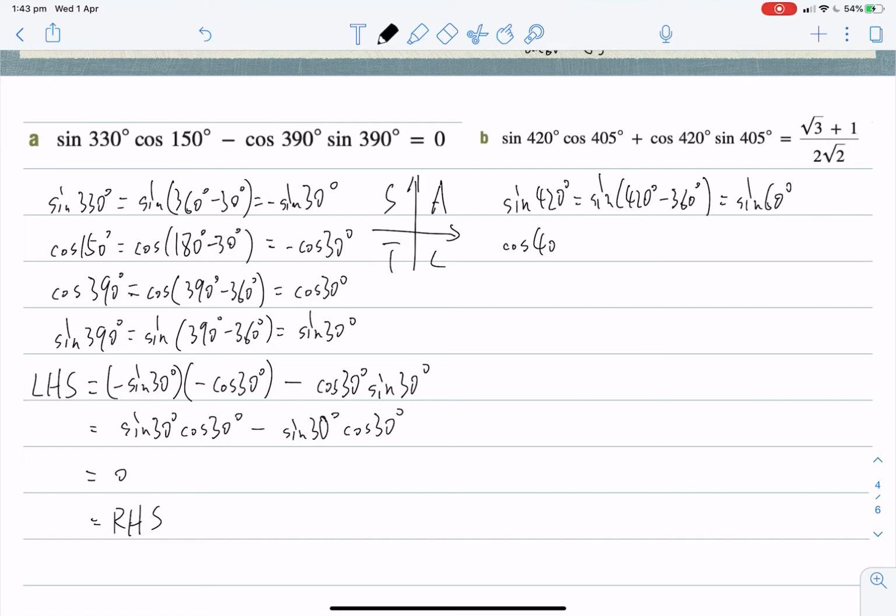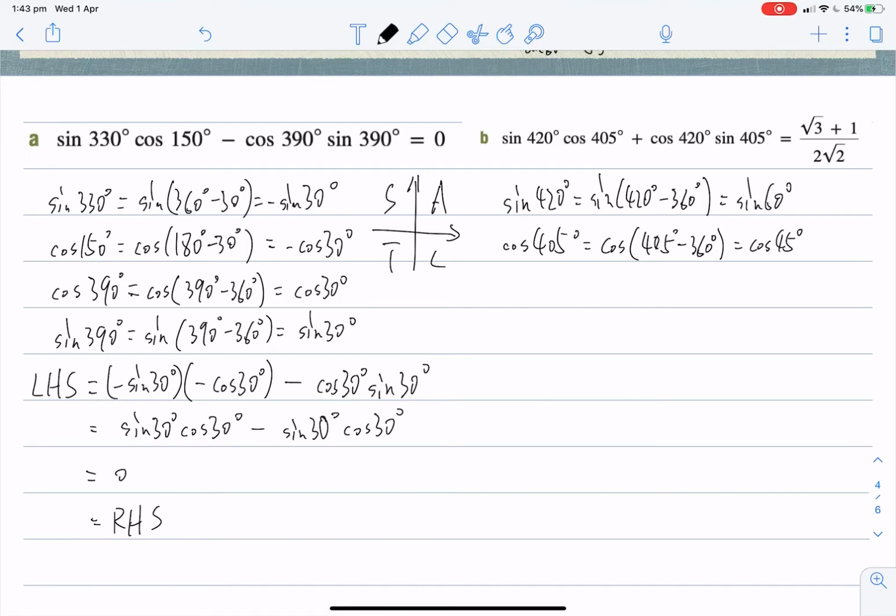Cos 405 degrees, minus 360 again, is cos 45 degrees.